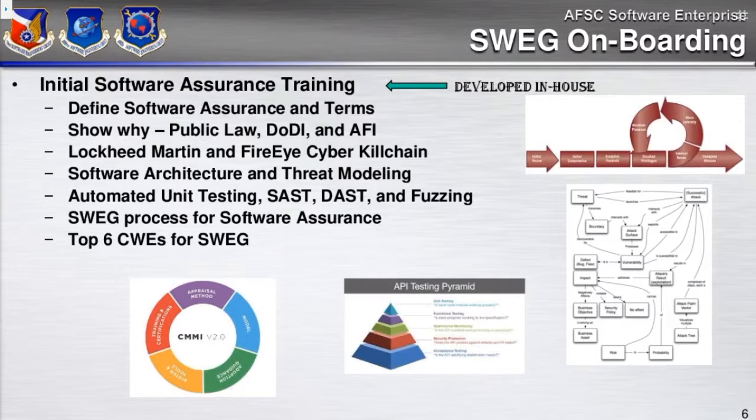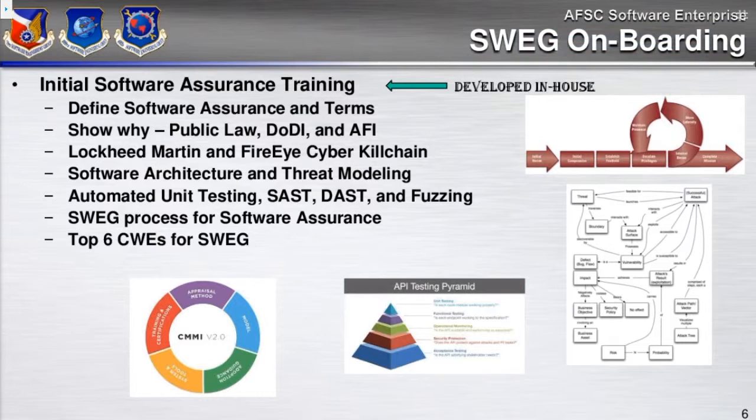So when we do our onboarding, of course, SWEG is the software engineering group, and that's where that acronym comes from. Every employee that we get inside of the SWEG, or within our organization, we do an initial software assurance training.